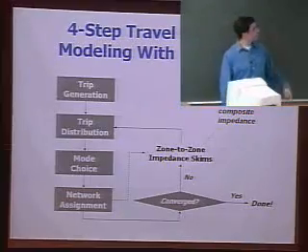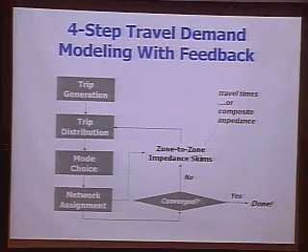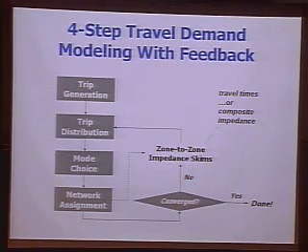So trip generation is basically, very quickly, taking socioeconomic inputs and producing some expected number of trips for a zone within your urban region. You also produce expected number of attractions to that zone. In trip distribution, you're matching the trip productions from zones with trip attractions in other zones, and you're distributing them.